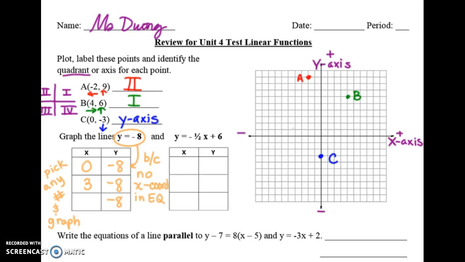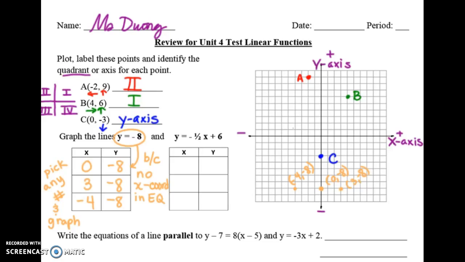Because the y is -8, I will go down 8 spaces and plot my first point. The second number I chose was a positive number. It so happens to be +3. So my second point will go right 3 and down 8. My third point is (-4, -8). -4 goes left 4 and down 8.